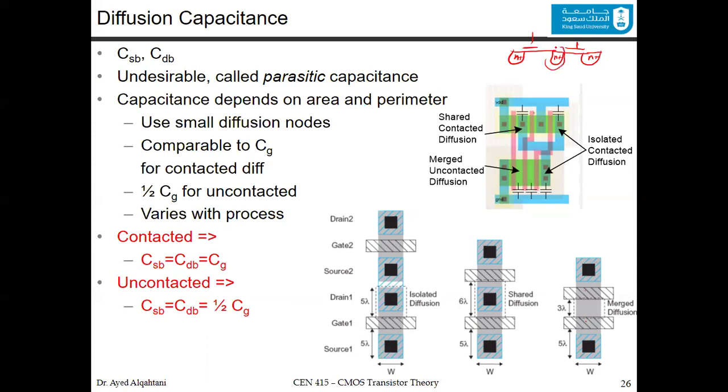This is why we call it uncontacted, because there is no connection in this diffusion. And also it is merged diffusion or shared diffusion. Some people like to call it shared diffusion between the two transistors. So it is here and also here.